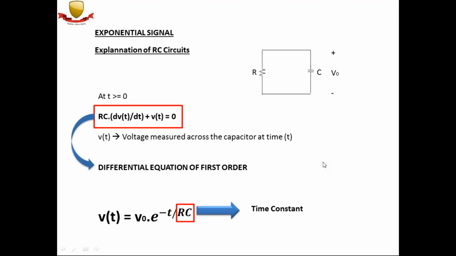This is how you can understand how the process is going on. Now let me give you some real-time scenarios where we can use these kinds of signals or exponential setups.